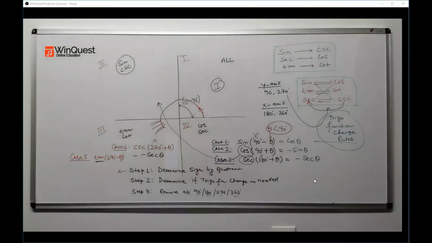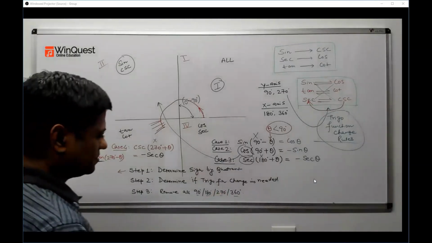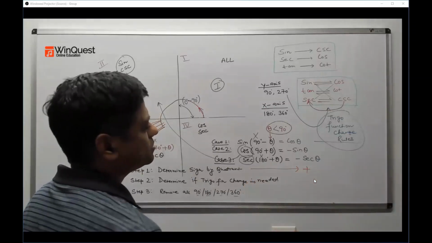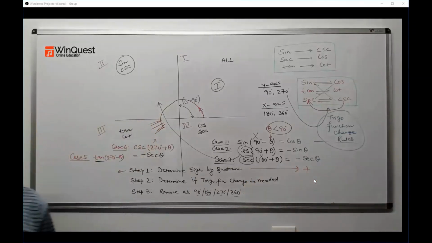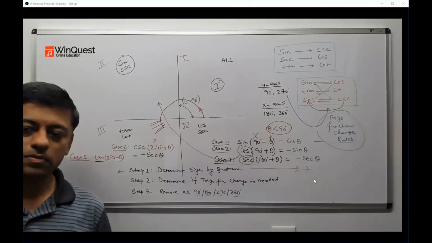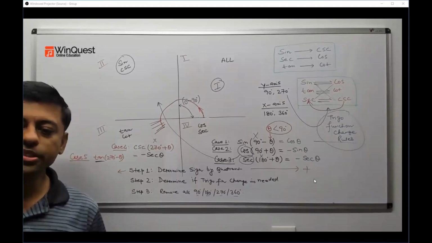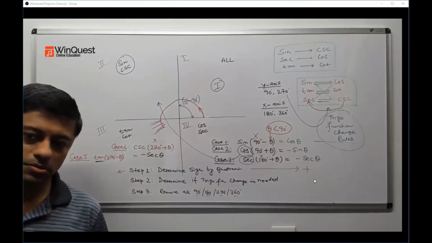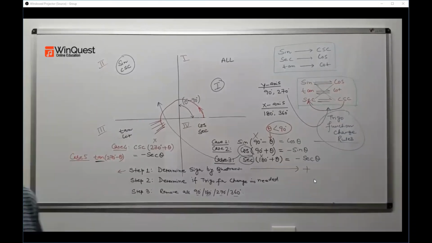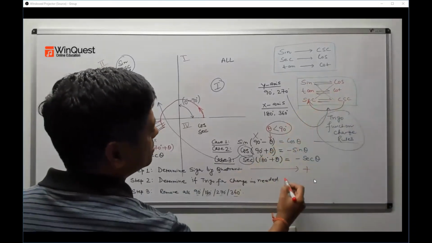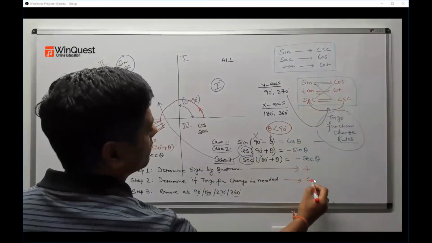Yes. Okay. Trigo function change is required or not? Yes, it's required. It's required because it's the y-axis. Tan becomes cot. Does it become cot finally?